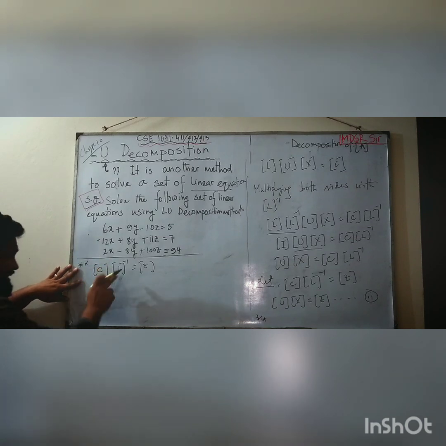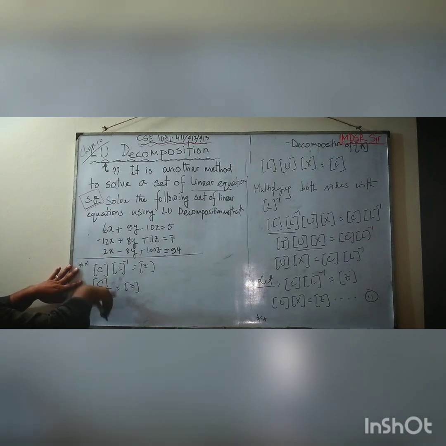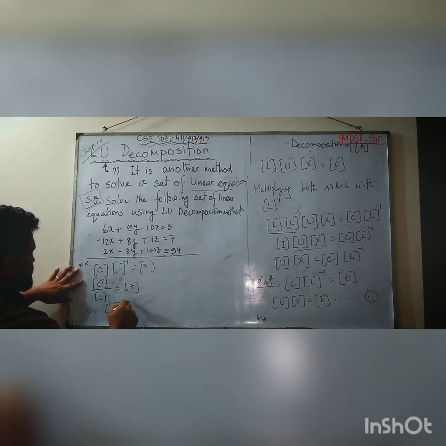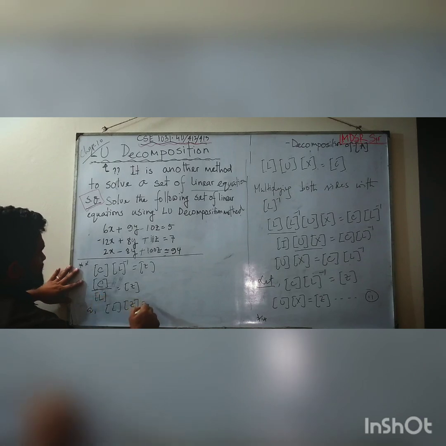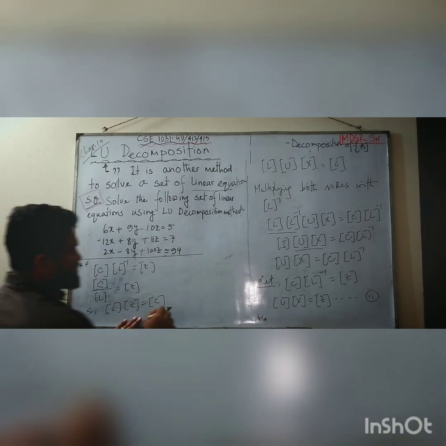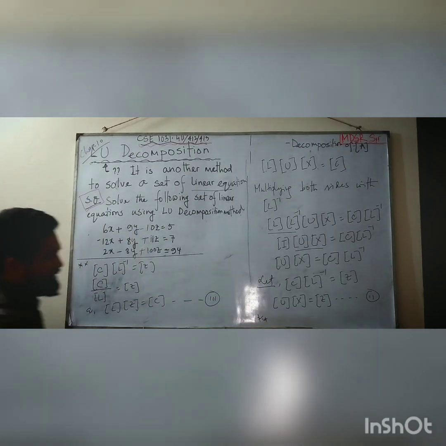Now we can write this as C matrix divided by L matrix equal to Z matrix, right? 1 over L, or we can say L matrix into Z matrix equal to C matrix. So we can call this equation number 3.